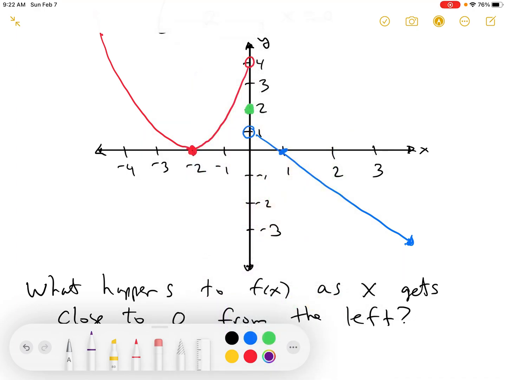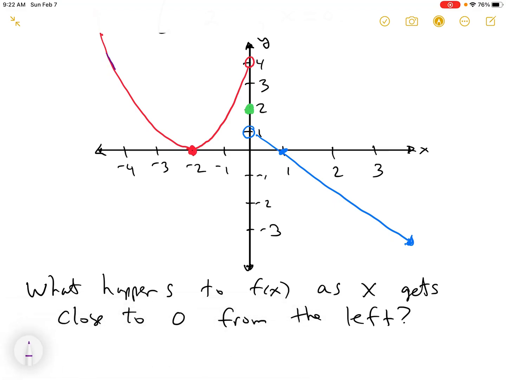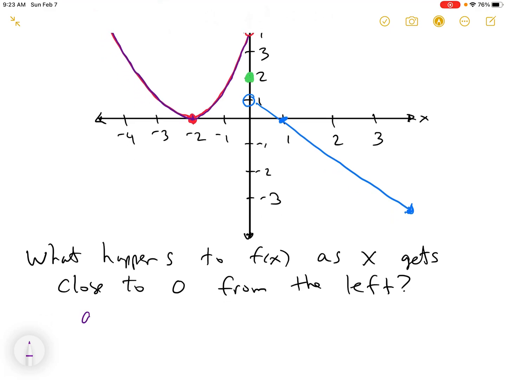As we're coming along here from minus infinity, x is at minus 3, it's at minus 2, it's at minus 1, minus a half, minus a third, blah, blah, blah, minus 1/1000, and as x gets close to 0, f of x gets close to 4. So as x approaches 0 from the left, f of x approaches 4.